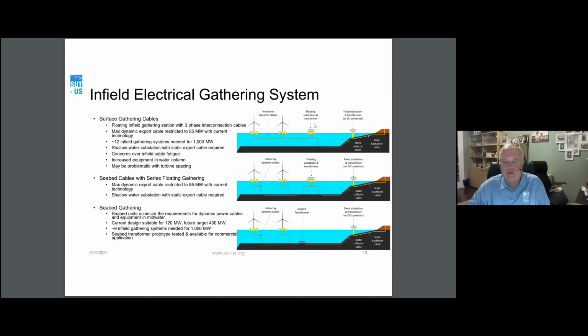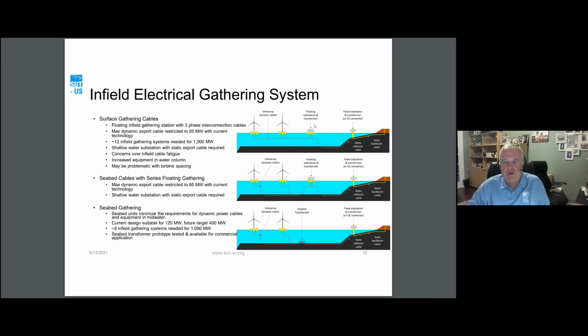Now, it's not so easy where you are, but I think you've really got to be thinking about moving your main distribution transformer substation to where it's a fixed platform. And that means that there will only be very few of these, but they fit in with the figure that we showed right at the beginning.